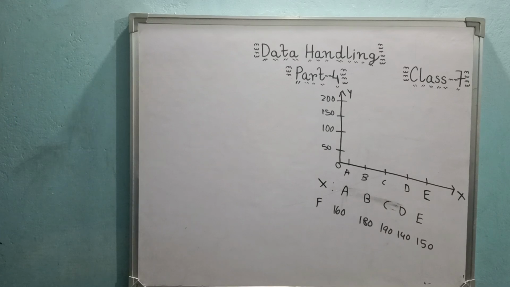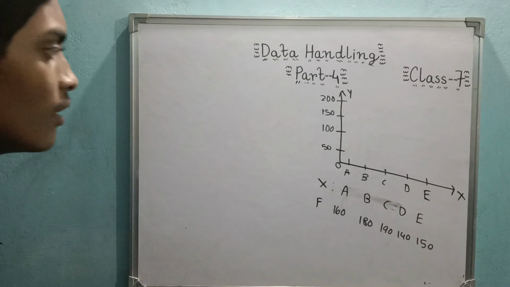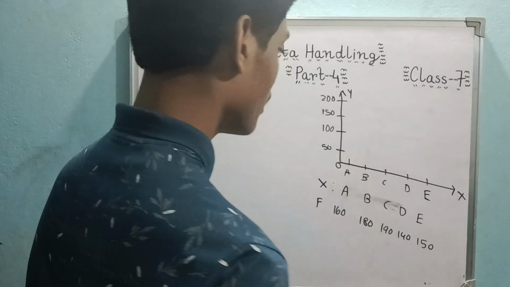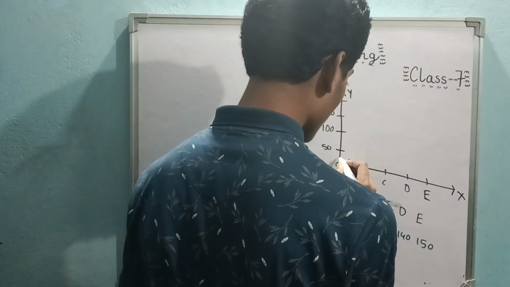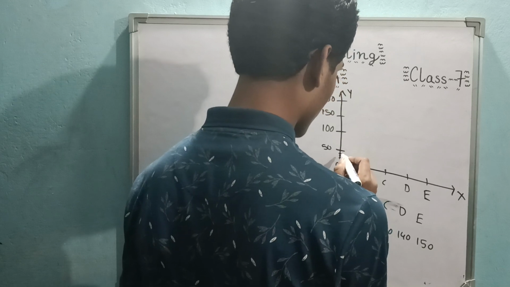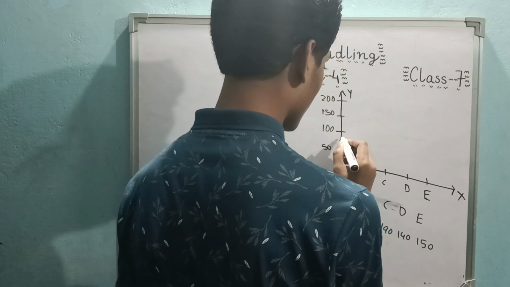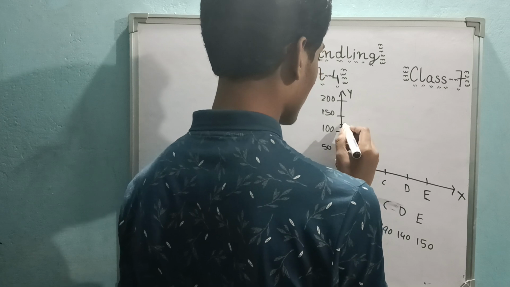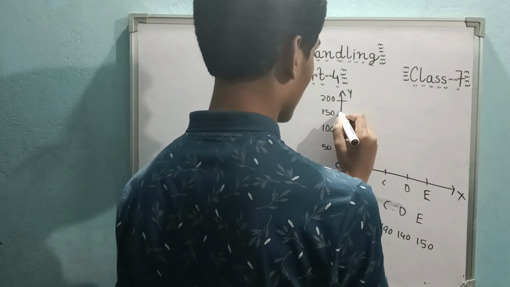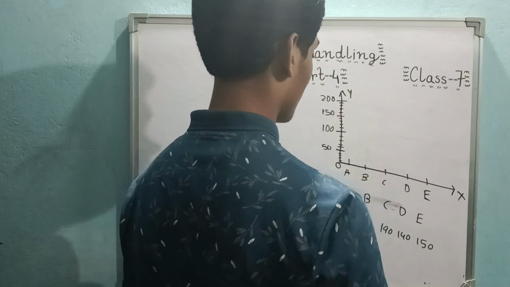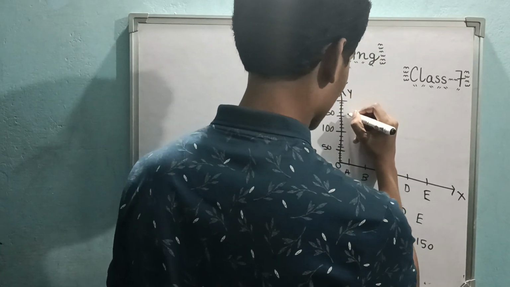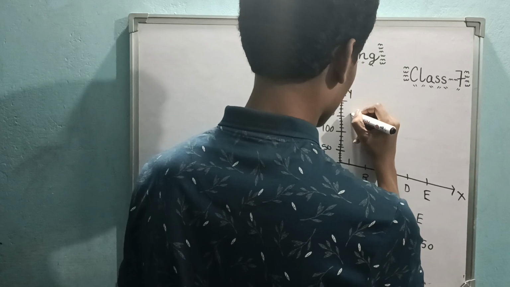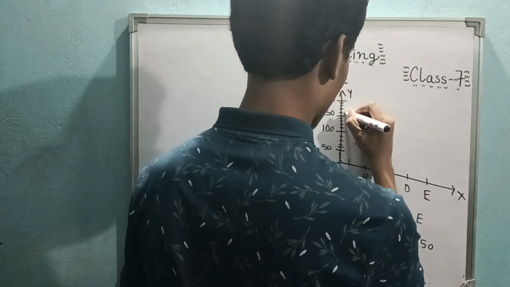Now how can you identify the frequency? Here for A the frequency is 160. So suppose the smaller divisions are 10, 20, 30, 40, 60, 70, 80, 90, 100, 120, 130, 140, 160, 170, 180, 190. Then to identify 160, 150 plus 10, just on top of A, this will be my bar.